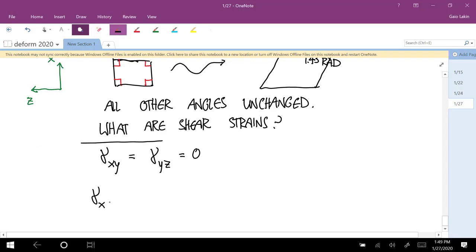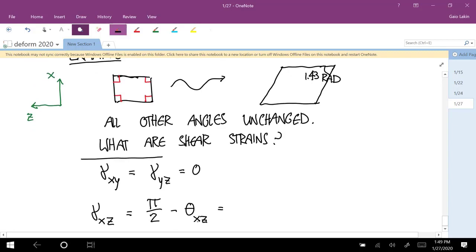Gamma xz is equal to pi over 2 minus the angle between the positive x and positive z face. And what's the angle between the positive x and positive z face? Well, notice that these angles are, what's the word for that, supplementary? Remember that from the SATs or whatever? This and this have to add up to pi.